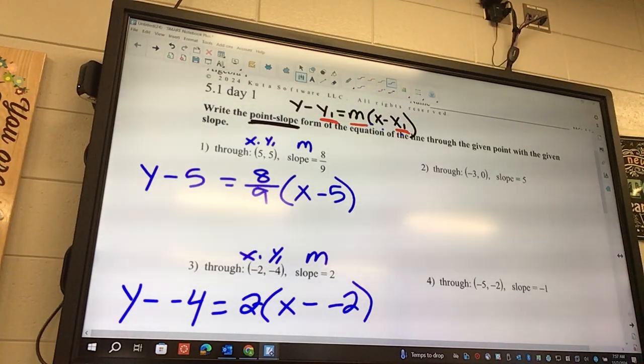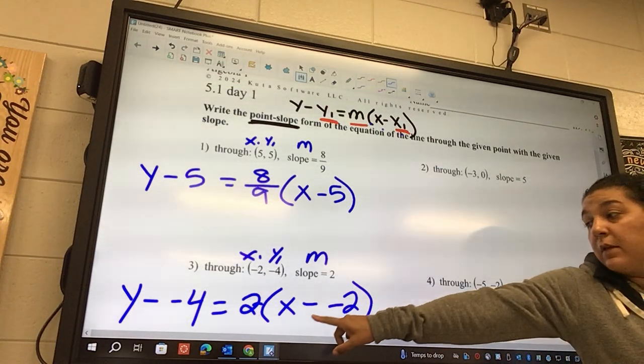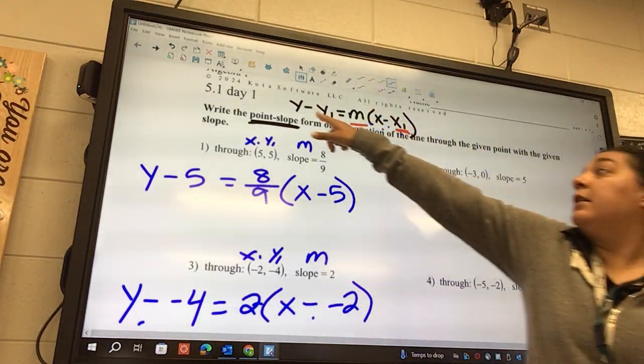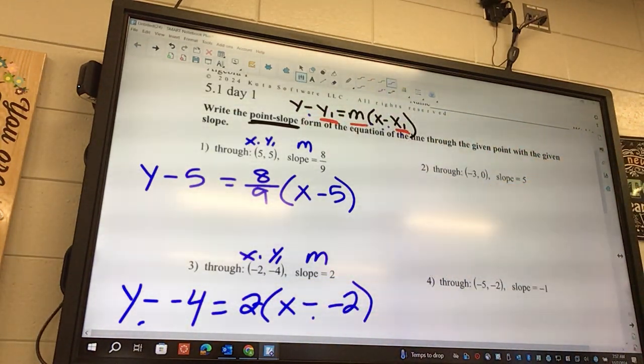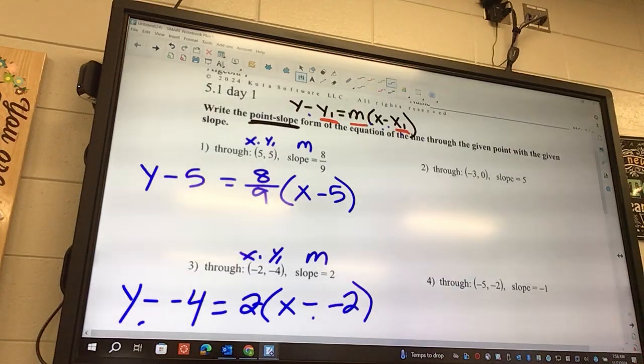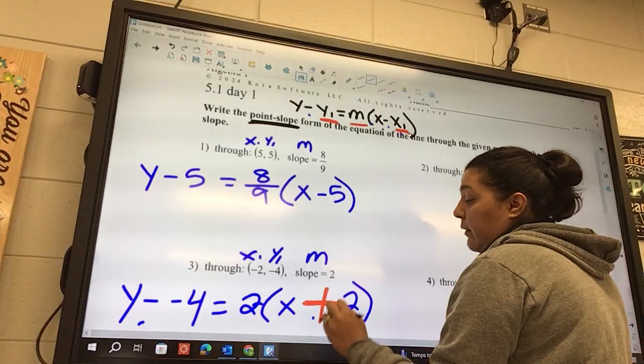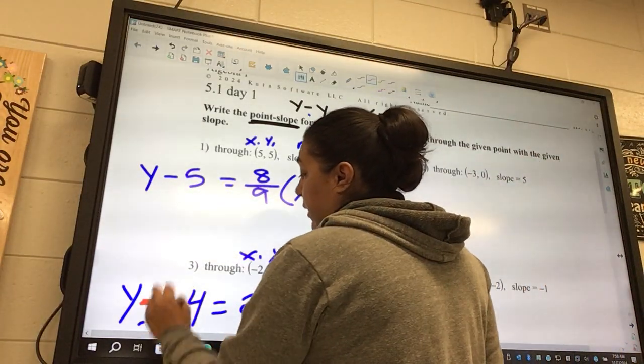The very first minus that you see here and here goes with the formula. The second one is because the x1 or the y1 is negative. Now, when we have two negatives next to each other like that, a negative makes a positive. So I write them all out, and then with my pencil I connect the two and make one big one, because I don't want to erase.